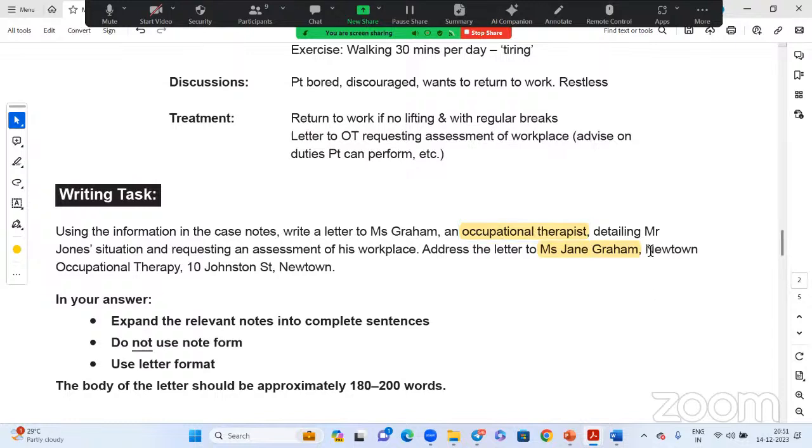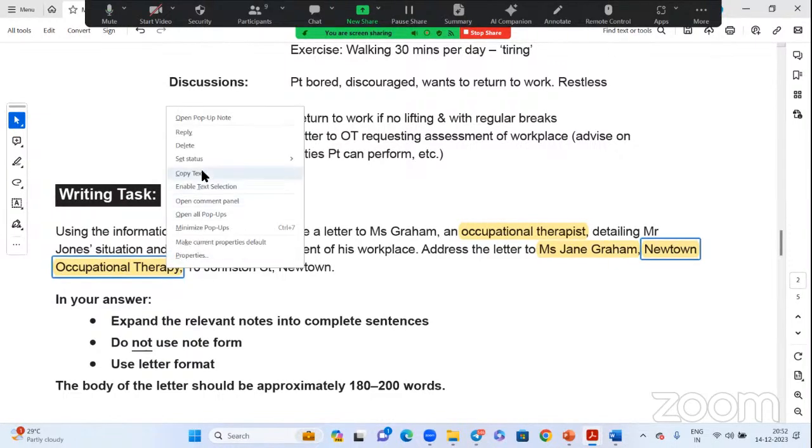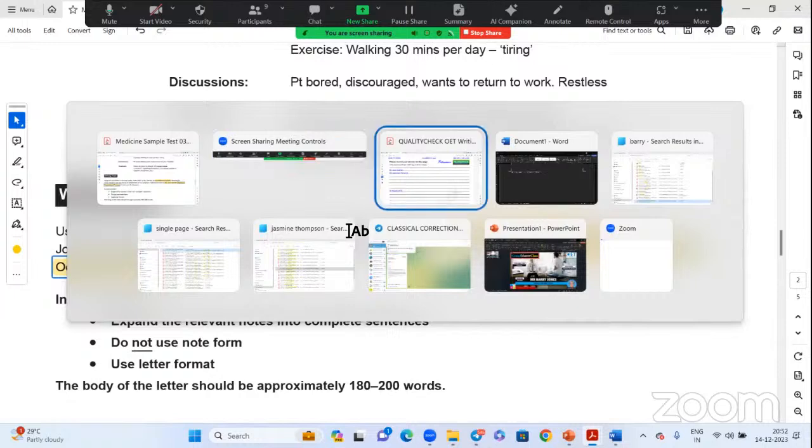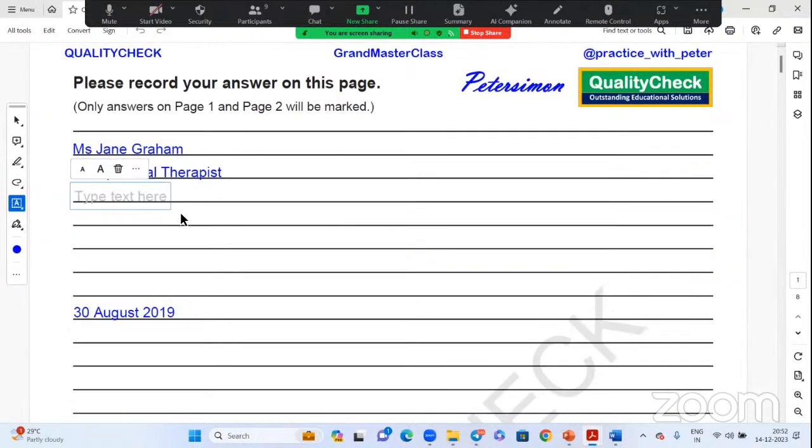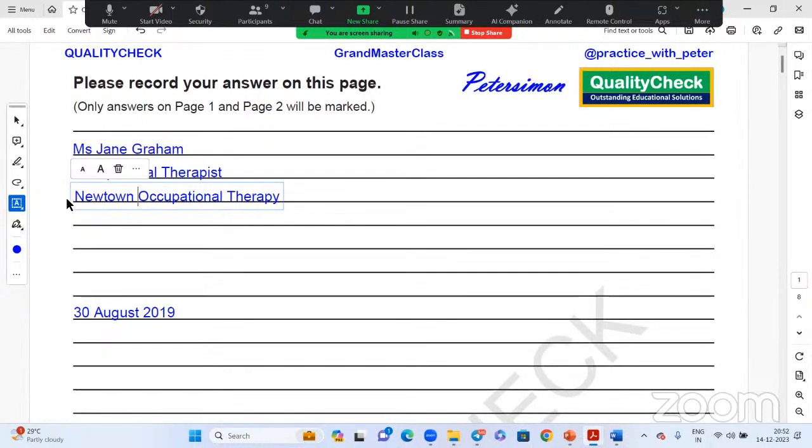And Newtown Occupational Therapy is the name of the facility. Newtown Occupational Therapy. So you have to write all capital letters. Remember that. Newtown Occupational Therapy. So that's it. Newtown Occupational Therapy. Right. So what next?